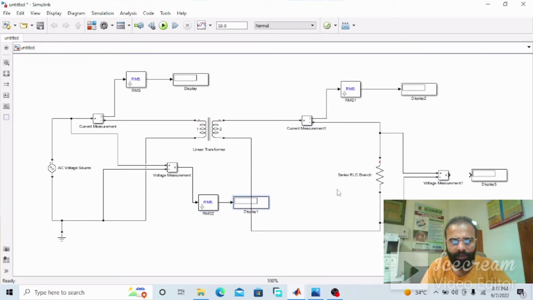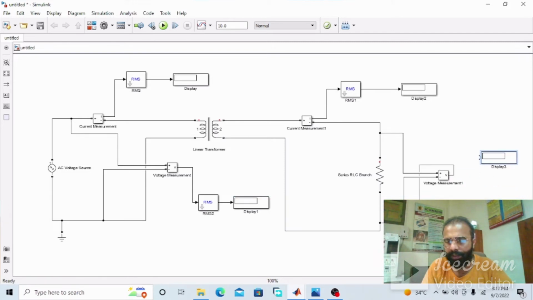Okay. And also we need the RMS block which will give us the value of E2 of the secondary side.